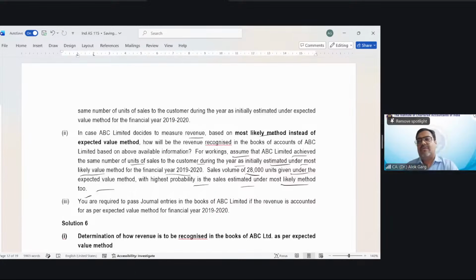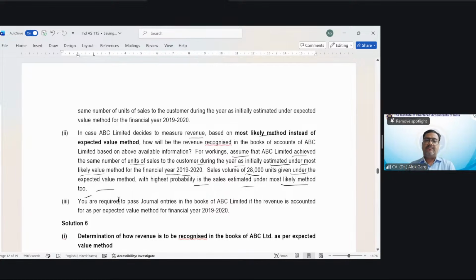So what is the difference between point 1 and point 2? Point 1 asks you to solve this using the expected value method. Point 2 asks you to solve it by the most likely method, where the probability was 75%, which is more than 50%, for 28,000 units.